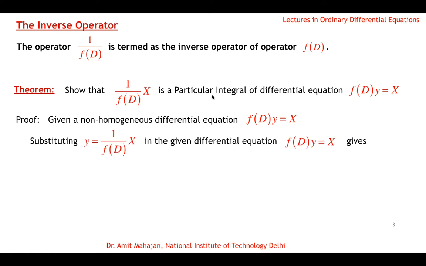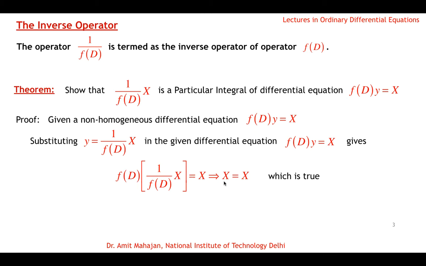If this is a particular integral of this non-homogeneous system, that means if this is a solution, then it must satisfy the equation. So if we substitute y as 1 over f(D) X, then f(D) times y is f(D) times 1 over f(D) X equals X, and this holds true, X equals X, because an operator operated on its inverse operator gives 1.